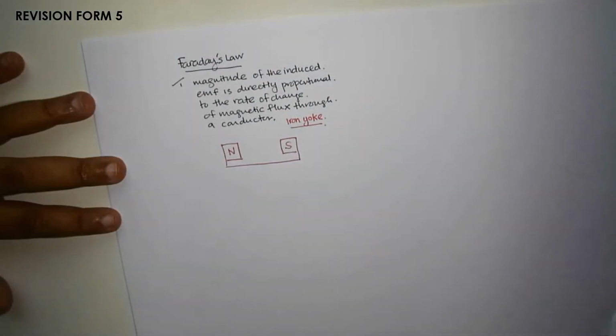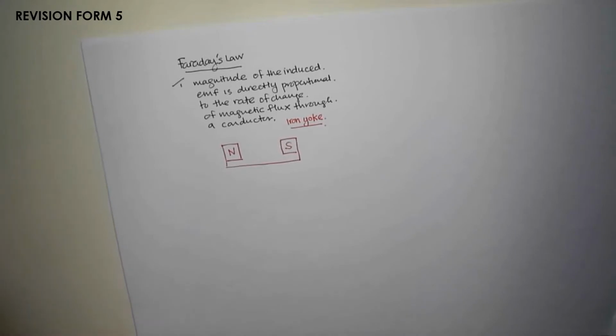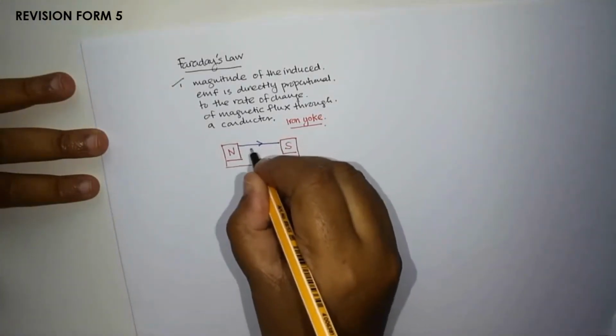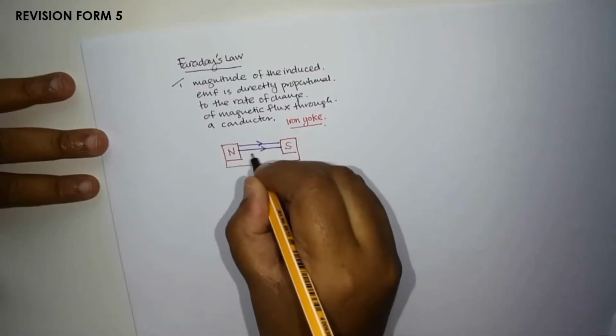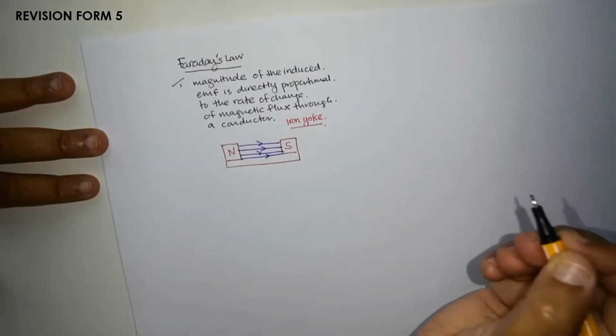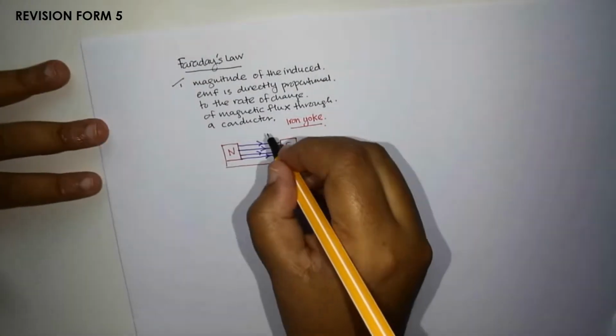I think you are very familiar with this diagram. Then we know there are magnetic field lines of force from the north to the south, and the magnetic field strength is B.